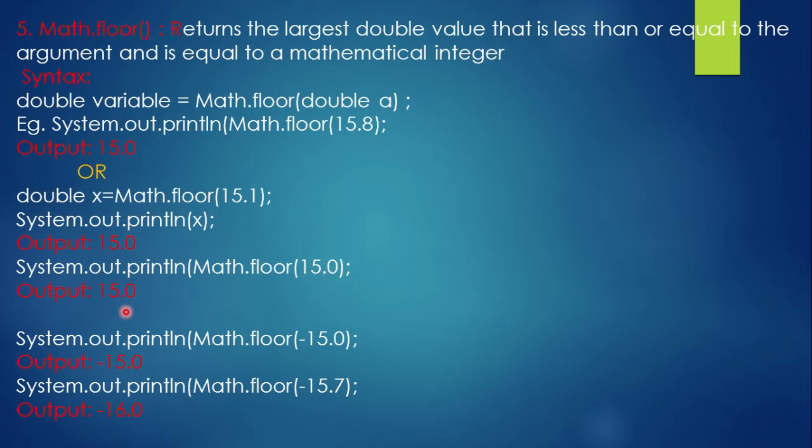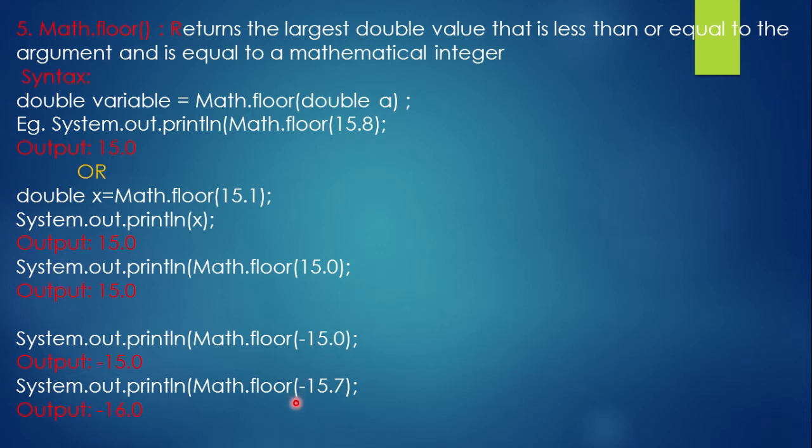There is no change. Here also, negative numbers are a bit tricky. When you give minus 15.0, you will get minus 15.0 itself. There is no problem. But when you give minus 15.7, then you will get minus 16.0. You now know the reason, because it always returns less than or equal to.